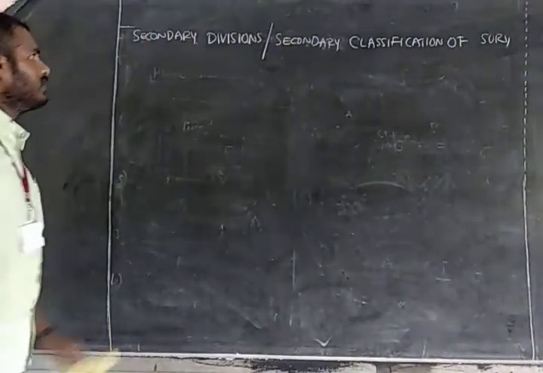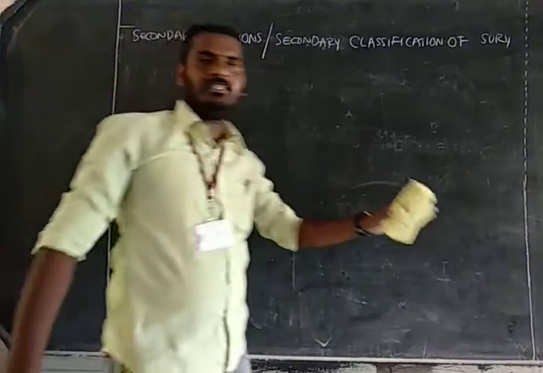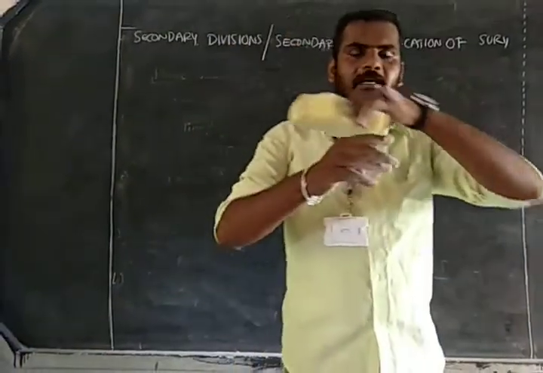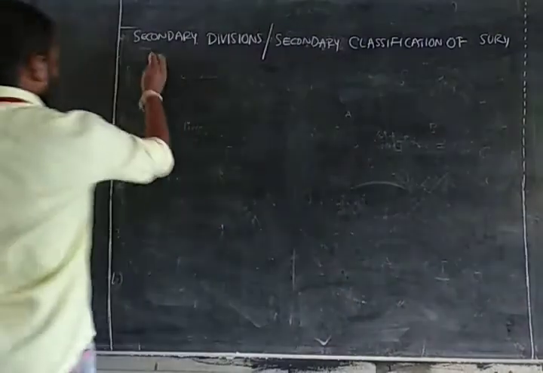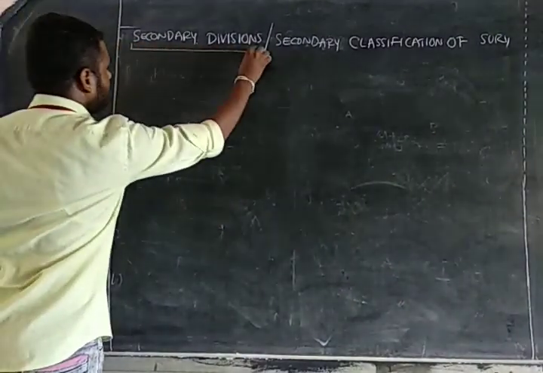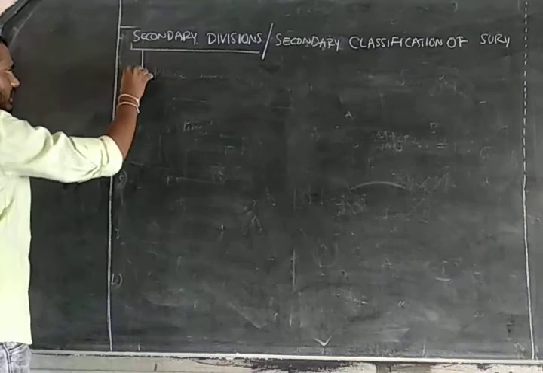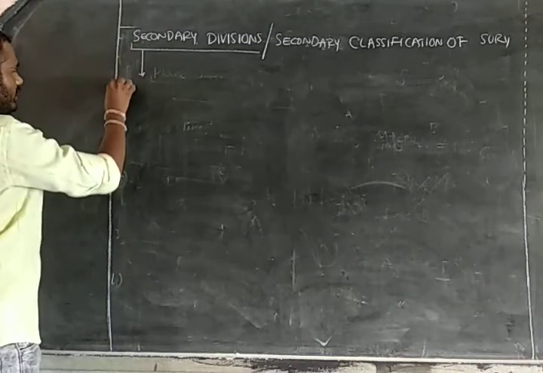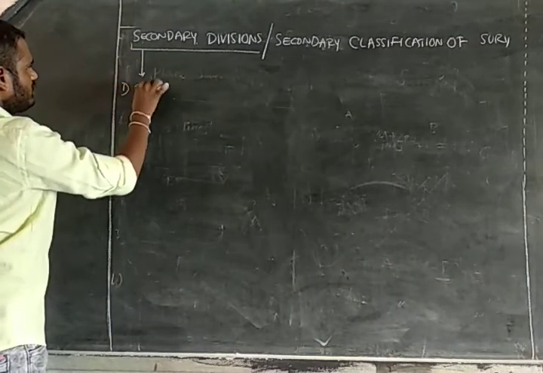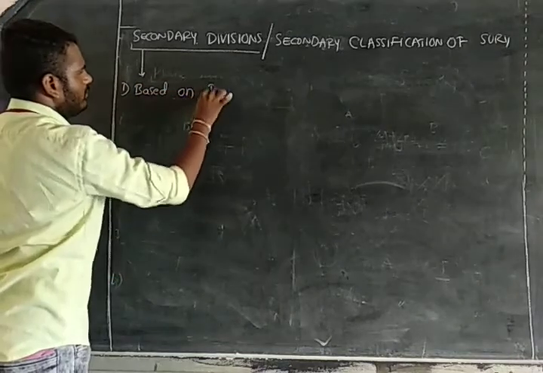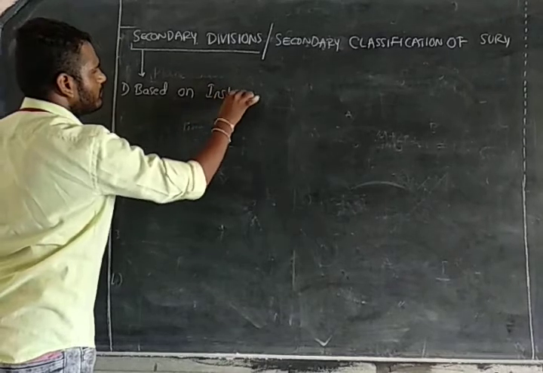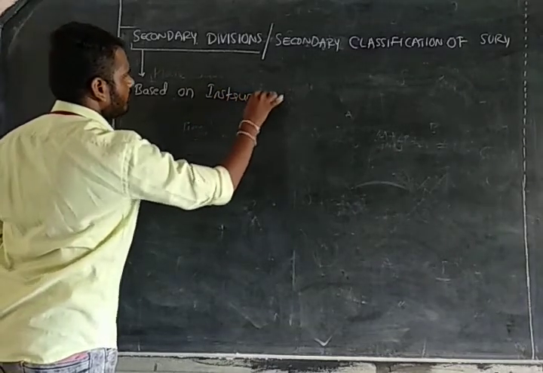Secondary classification of surveying is basically classified based on major categories. First, secondary classification or secondary divisions are classified based on instruments used.